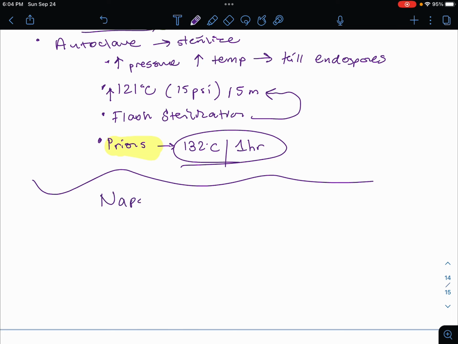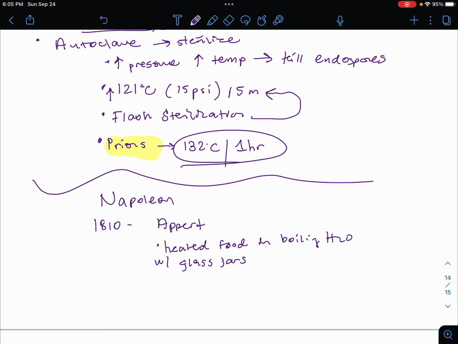Alright, another aside, this one's actually fun. So Napoleon, from French history, Napoleon Bonaparte. The French government offered a prize for a method of preserving food. So in 1810, a guy named Appert had this award of 12k francs because he found out that heating food in boiling water in glass jars with a cork would actually preserve the food.